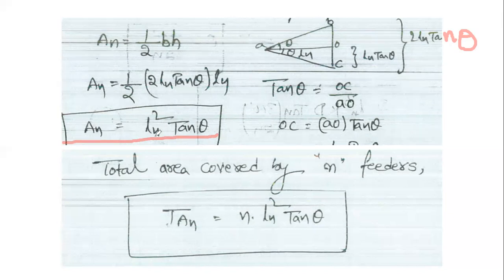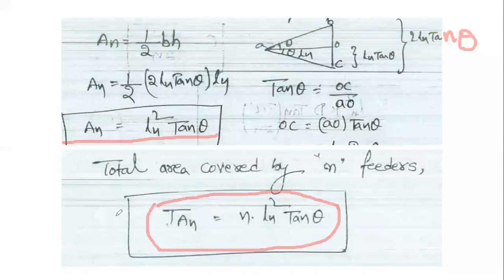Therefore, the total area covered by n feeders, that is TAN, equals n into ln square tan theta. This is the total area served when n number of primary feeders are connected.